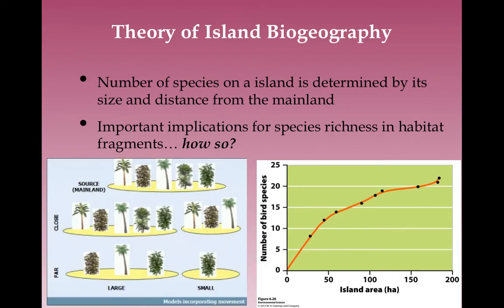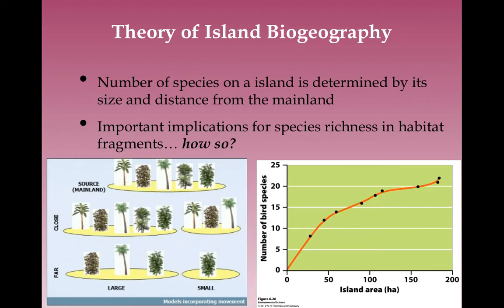And then in terms of the distance from the mainland, if you think of colonization from the mainland as being a source of species, those islands that are very far from the mainland are going to have a much lower chance of getting species randomly migrating from the mainland, as opposed to an island that's very close.